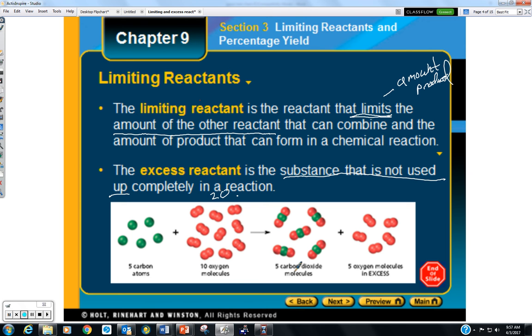So the maximum number of carbon dioxide molecules that we can make, since we only have 5 carbons, is 5 CO2 molecules, and that ends up giving us 5 extra oxygen molecules that are in excess. So in this one, the carbon is the limiting, oxygen is in excess, and so we're able to produce that carbon dioxide.